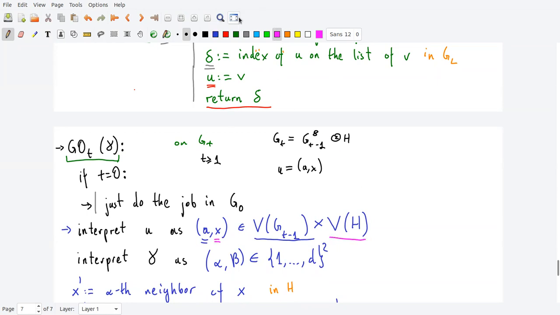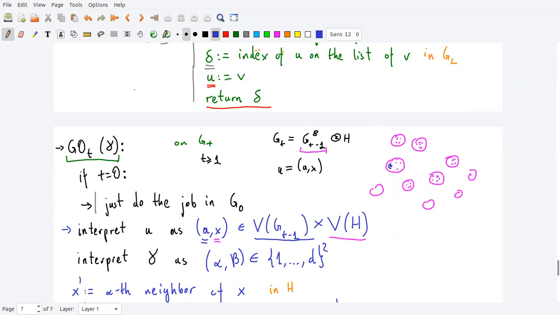Recall how the zigzag worked. We took every vertex of GT minus 1 to the power 8, which is a vertex of GT minus 1, and we blew it up to a cloud consisting of as many vertices as the graph H has. Here are those clouds, and every cloud is a blown up copy of H. And how do the edges work in the graph GT?